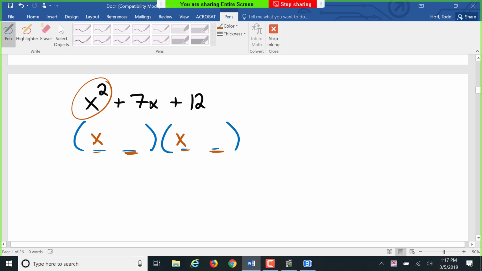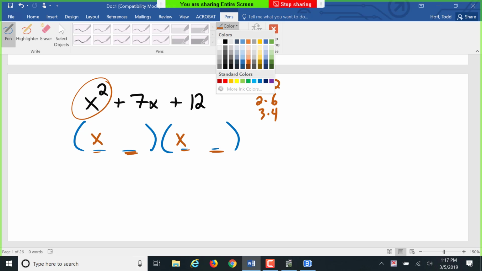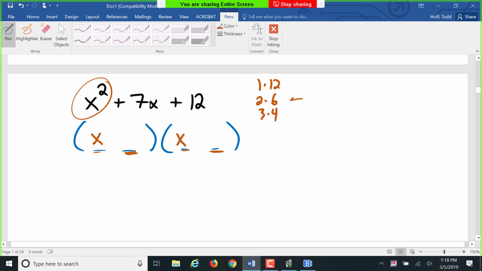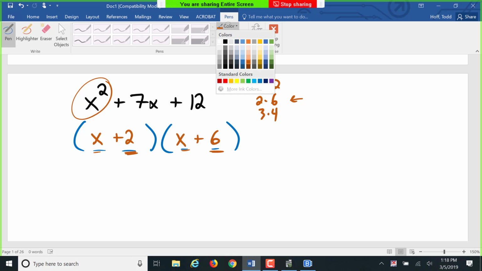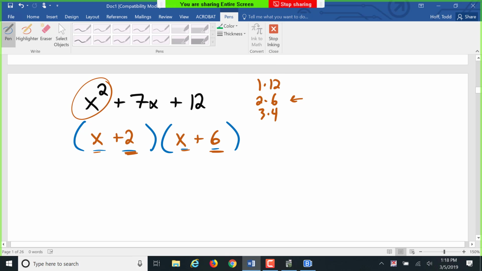We know these last 2 terms have to multiply to make positive 12. We have some options. 1 times 12, 2 times 6, or 3 times 4. Let's try the 2 times 6. So let's test it. Remember, we have to do the outside and the inside.